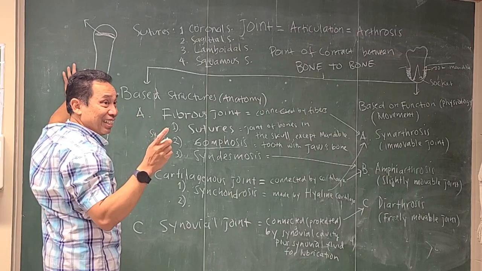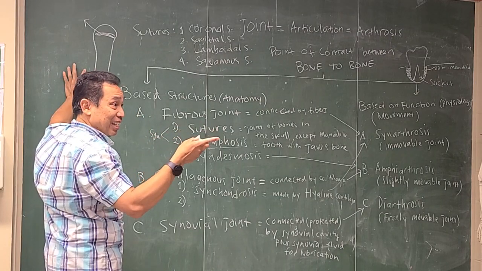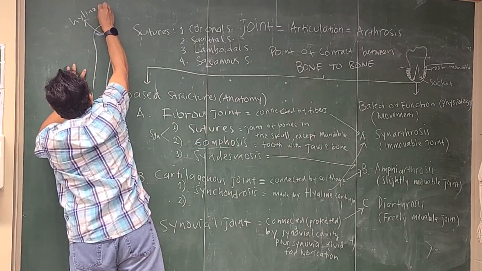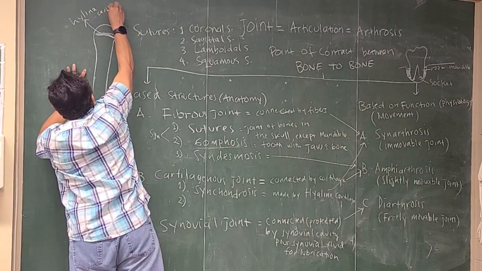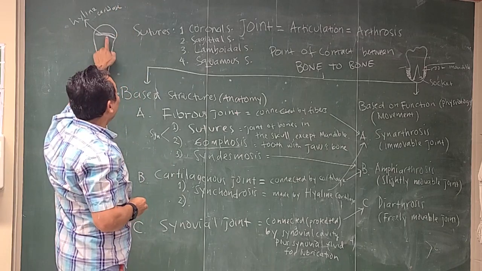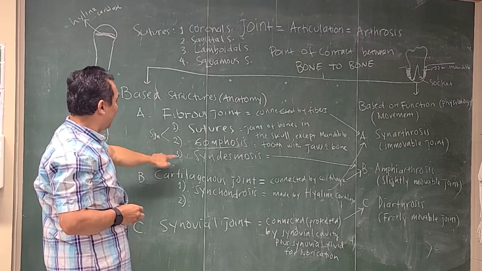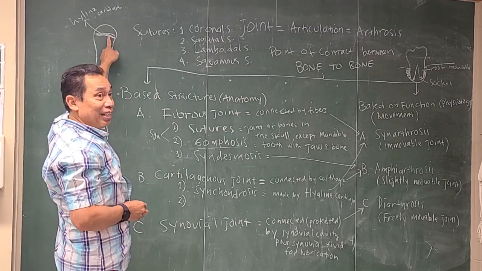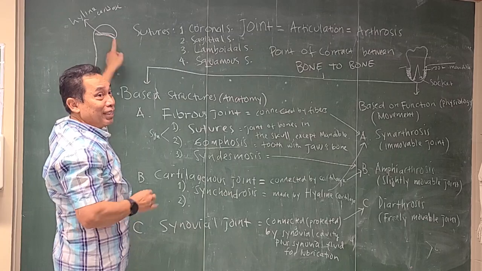That's actually hyaline cartilage. So this is also another example of synchondrosis. Is it movable? No, it's not movable, but it is growing.